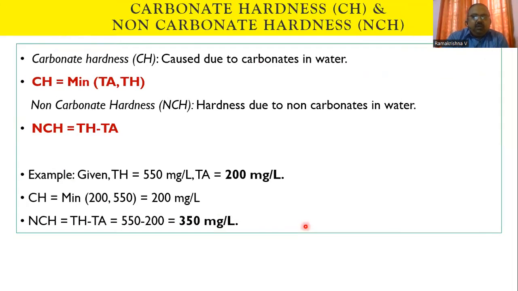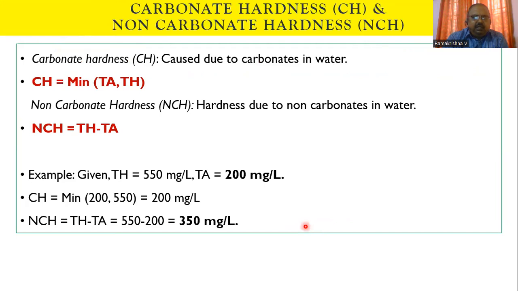So now if you look at the total ions, the alkalinity or hardness, the bicarbonates are common. The hardness, along with the bicarbonates and carbonates, also has chlorides and sulfates. So they are mainly considered as non-carbonate hardness. In the alkalinity, carbonate and bicarbonate are also there.